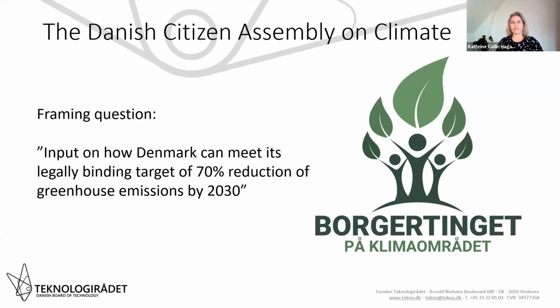That was the overall task, and then it was up to the Citizen Assembly itself to choose topics, issues and dilemmas to work with that they found relevant within this big topic.